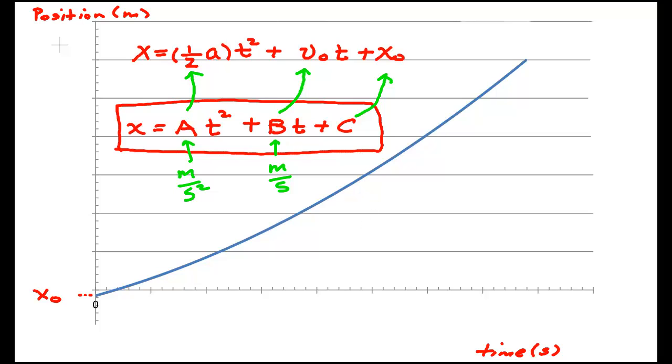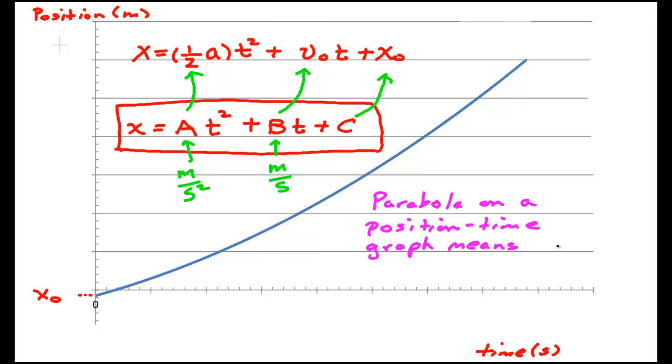Another important thing to make sure that you put in your memory is: a parabola on a position time graph means that the object is undergoing constant acceleration.